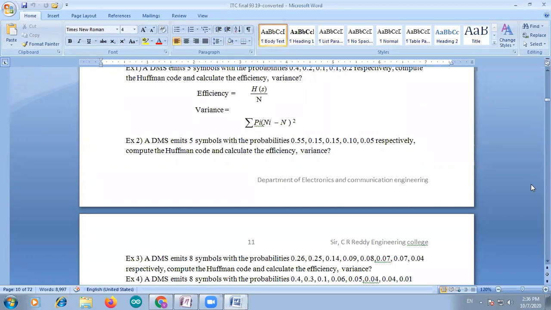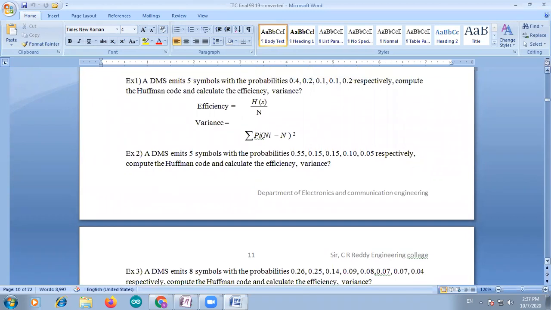These source coding techniques are very interesting and also very simple to do. Do the problems and practice more problems on the Huffman code and Shannon-Fano code.